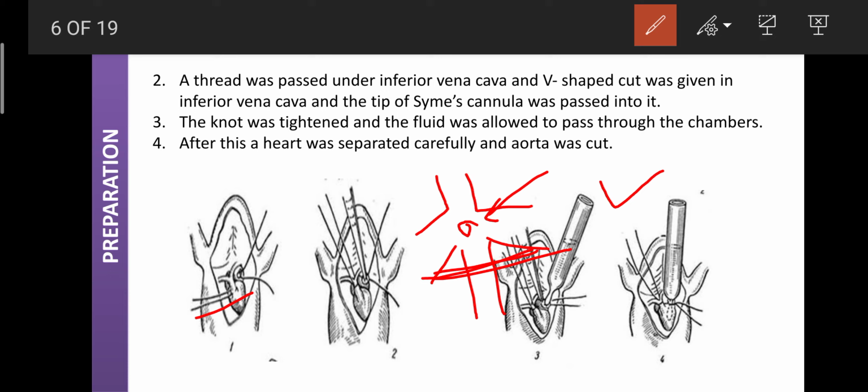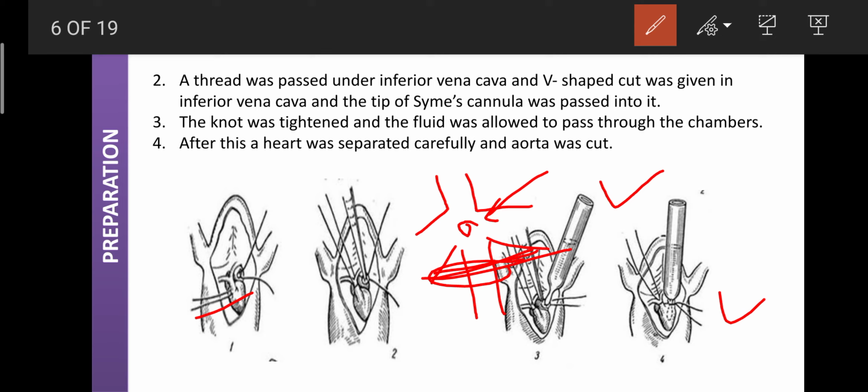Then tie the thread with one tight knot on the Symes cannula and allow the fluid to flow easily. After that, the heart was separated by cutting the surrounding muscles and aorta.